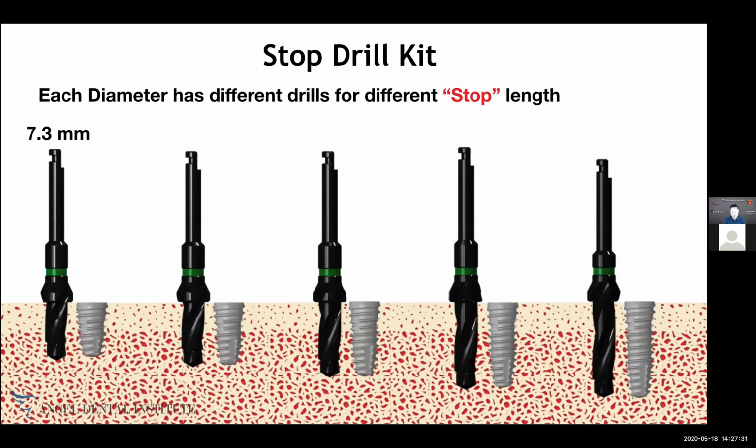These all correlate with the Neobiotech implant lengths. They have a 7.3 and an 8.5 millimeter, and obviously an 8.5 millimeter stop, a 10 millimeter, 11.5 millimeter, and a 13 millimeter. I hardly ever use 13. My go-to is a 10 millimeter, but they have 5 different lengths.